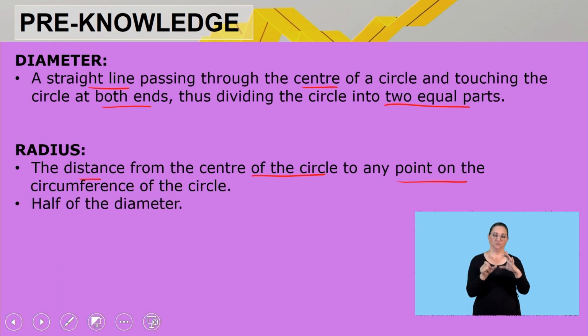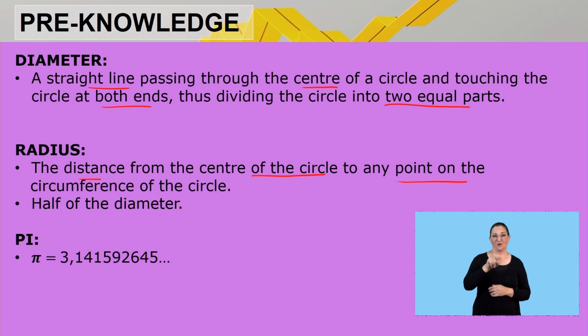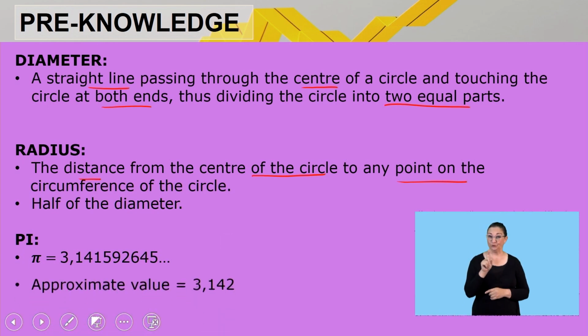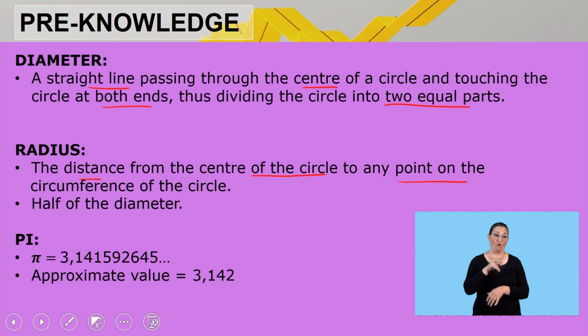We normally refer to the radius as half of your diameter. Also important, still with circular objects, we know pi. Pi is the value 3.141592645 followed by lots of other numbers, but we're going to use the approximate value of 3.142. So remember, in our lesson today, we will use pi as 3.142.